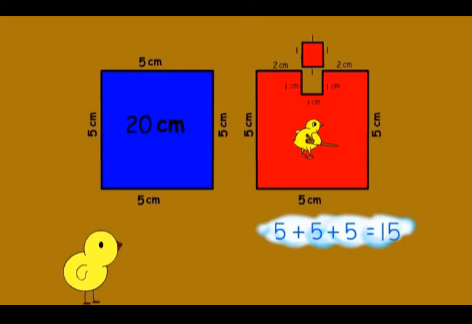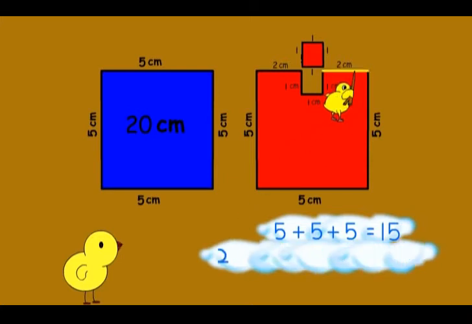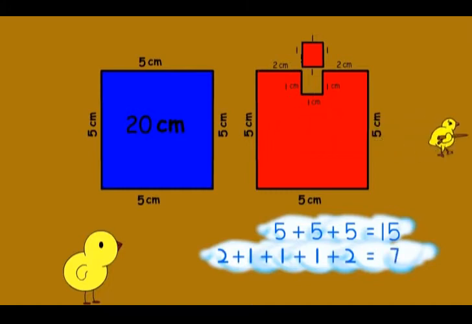Now the fourth side is 2 plus 1 plus 1 plus 1 plus 2, which is 7 centimeters.